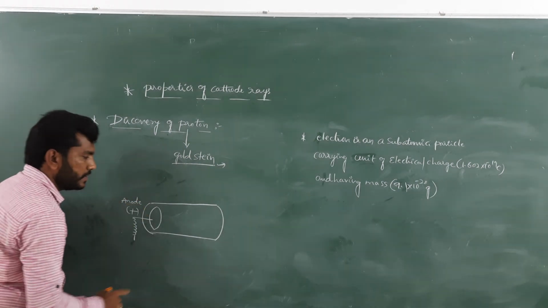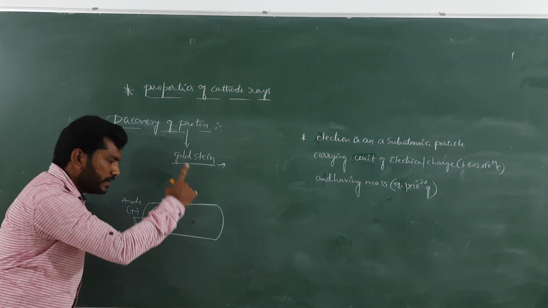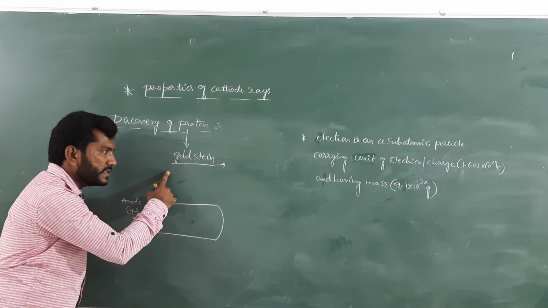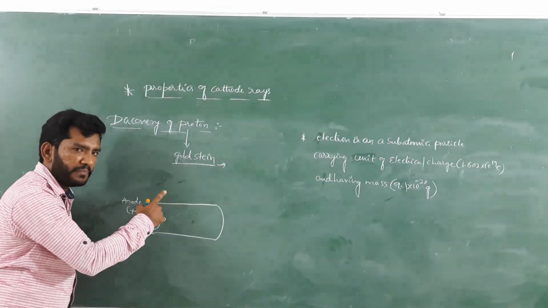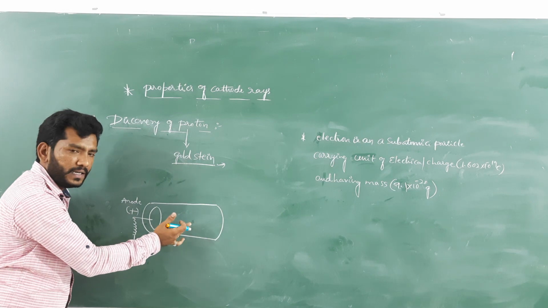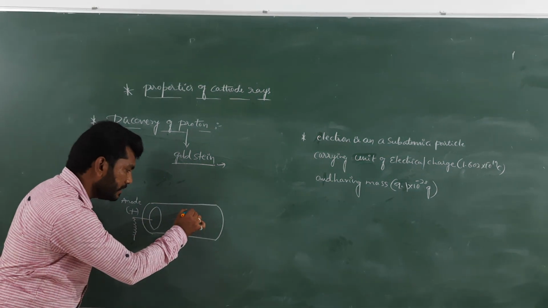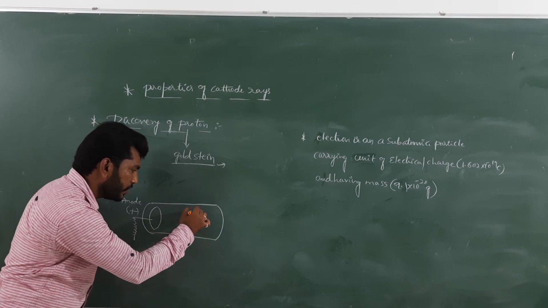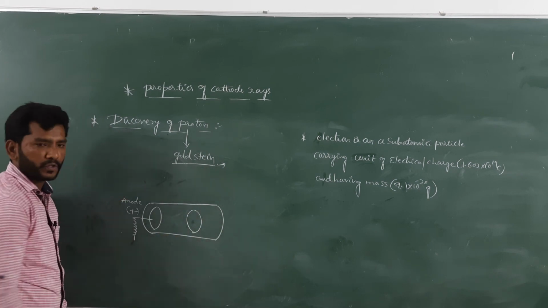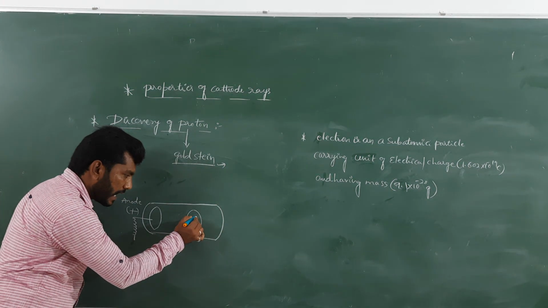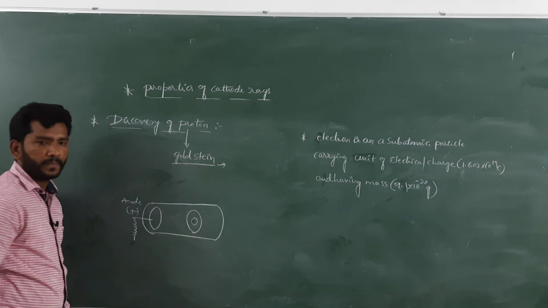What I told you is that Goldstein modified the discharge tube experiment by replacing the cathode electrode with a perforated cathode, right? So I am introducing the perforated cathode, which has a hole.